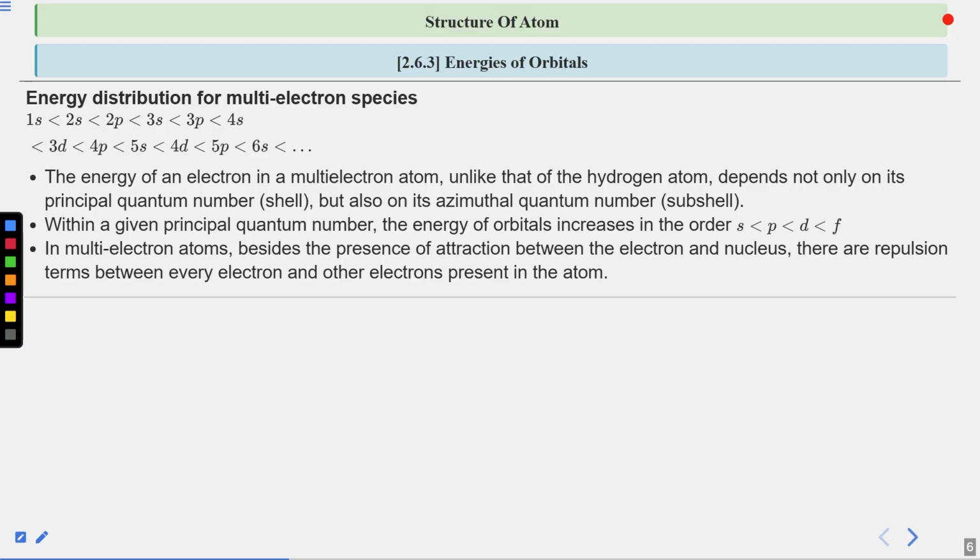And due to this new repulsive force, we are seeing a change in the energy distribution. Okay. Now let us try to understand how this new repulsive force is changing the energy order.